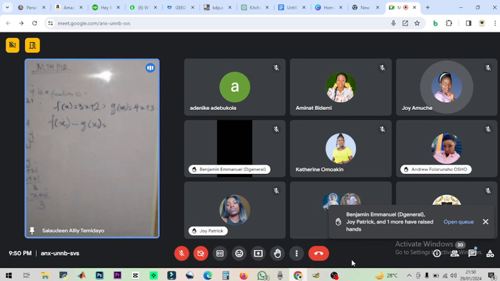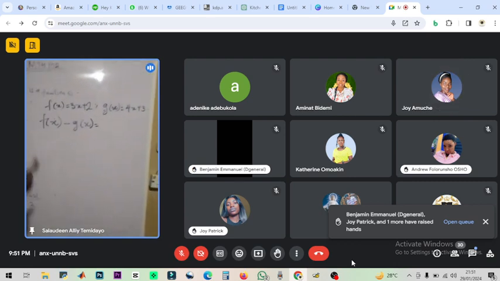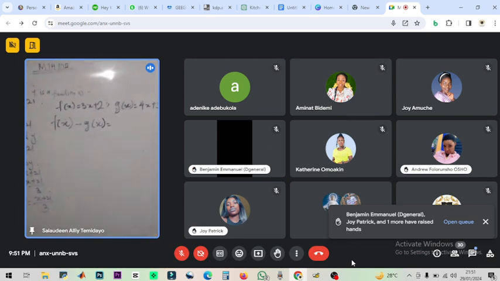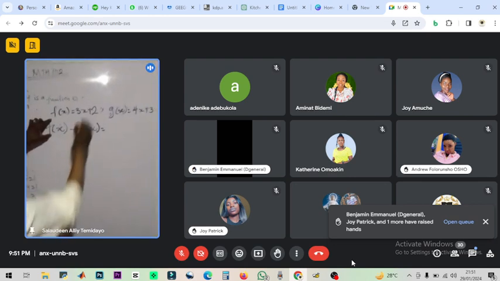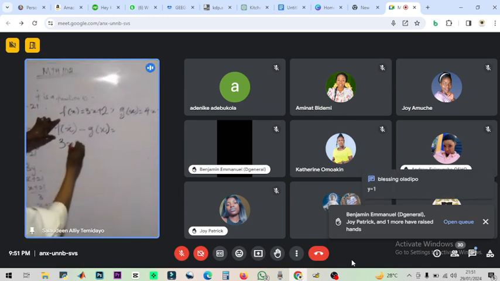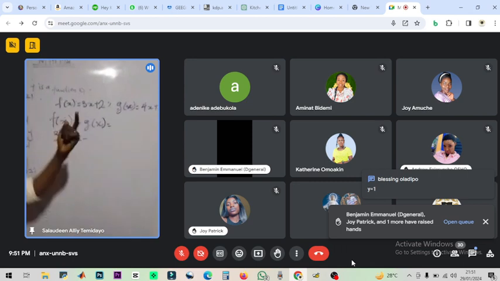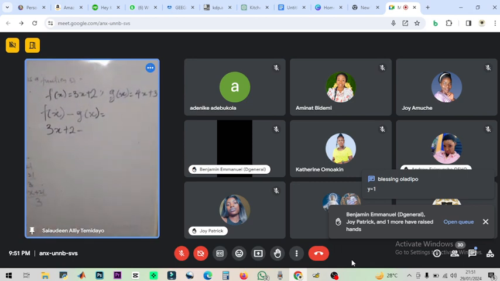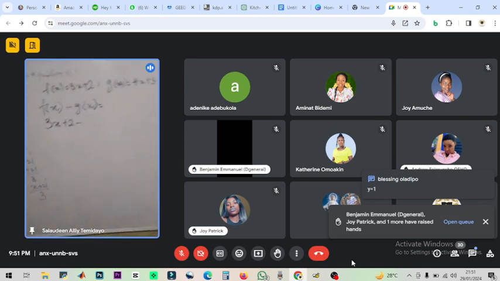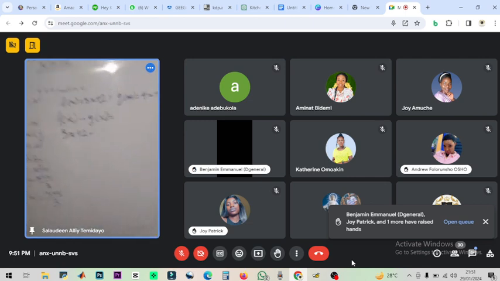So now look at it, guys. F of x, you didn't understand how they got it. Just listen. So f of x is 3x plus 2. This is not an equation.